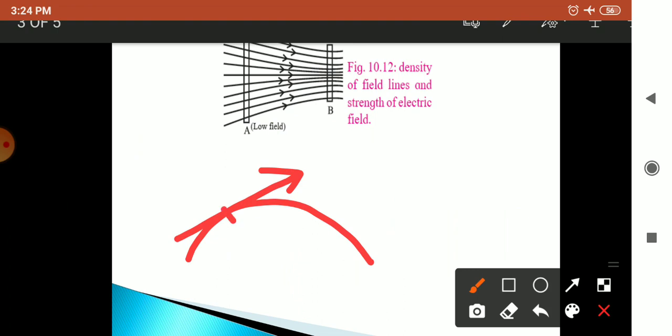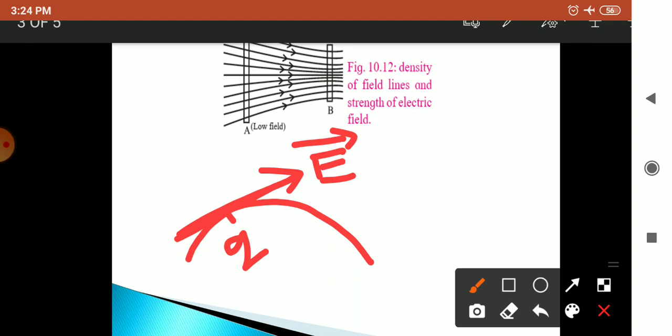So the direction for the electric field will be along this, vector E, the electric field. The point charge will be here, and this tangent is drawn to it. So this is the direction for the electric field, and it is a line of force for that particular charge.